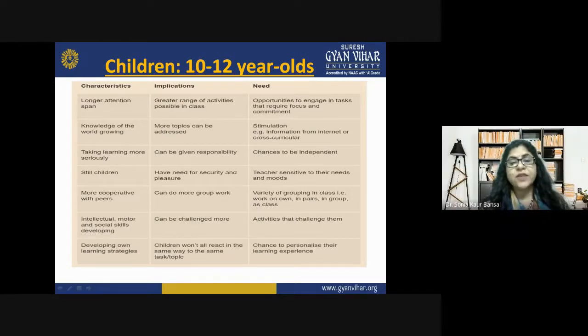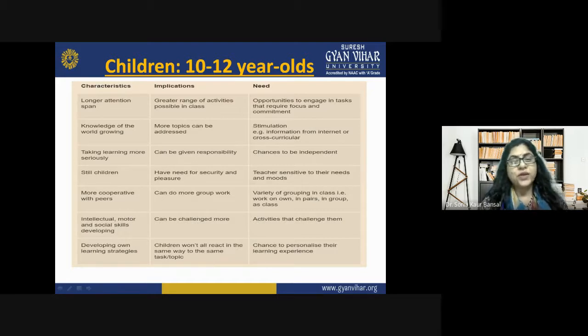This is the time when they can do more group work. They are playing, they are doing some fun activities. So the need of this age is related to variety of grouping in class, how you group them and how you take work from them. This is really very important. So work on their own, in pairs, in groups, as a class, so that has to be taken into consideration.